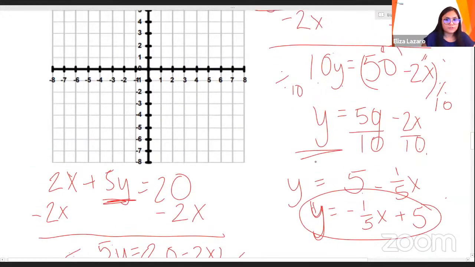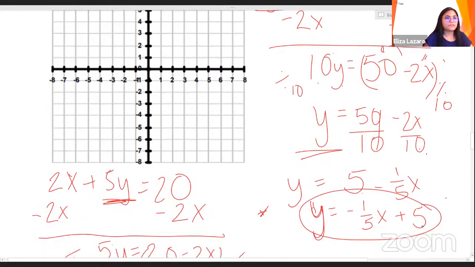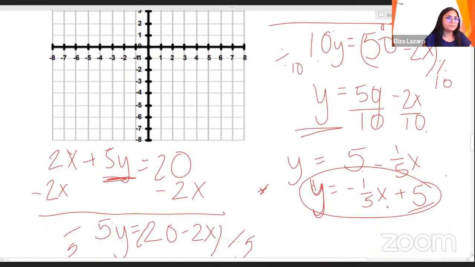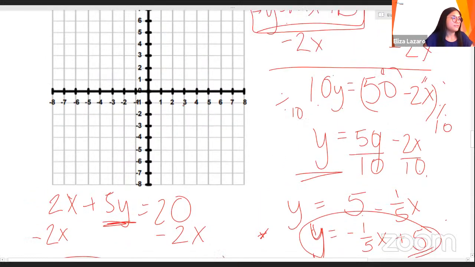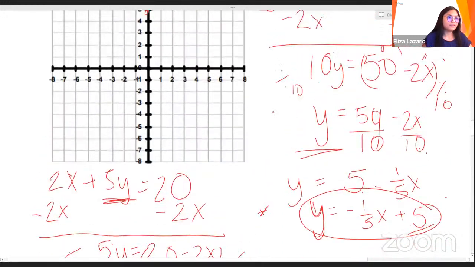So what we're going to do first is use the first equation that we solved for the slope-intercept form. We want to graph the y-intercept first, and the y-intercept is going to be that b in the y equals mx plus b form. So the y-intercept is 5. When x equals 0, y equals 5, so we're going to plot that right here. (0, 5) is that coordinate.